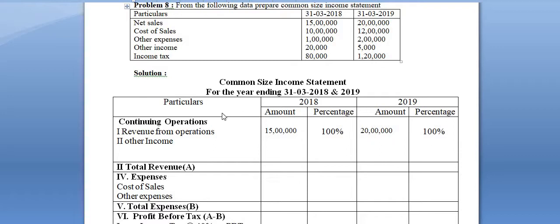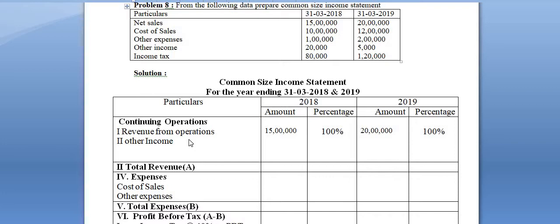Why? Because net sales is revenue from operations, and when you prepare the income statement, the common base will be net sales and the remaining items of the income statement will be compared with net sales. Therefore the percentage of net sales will be 100. I hope you are clear with this.